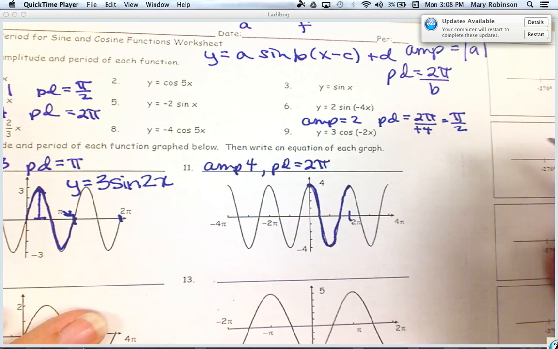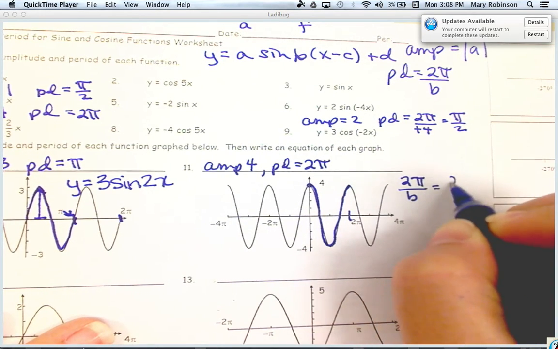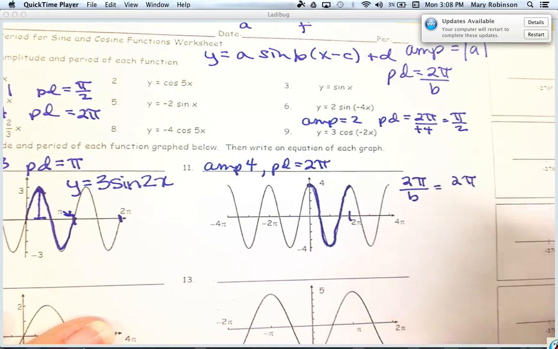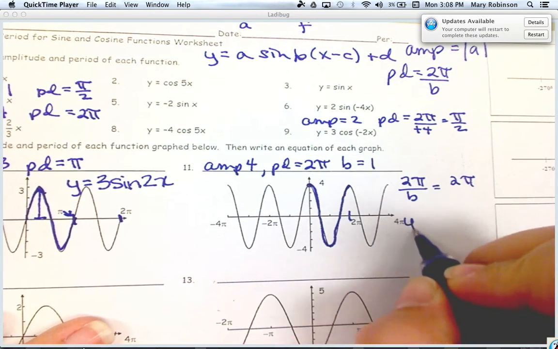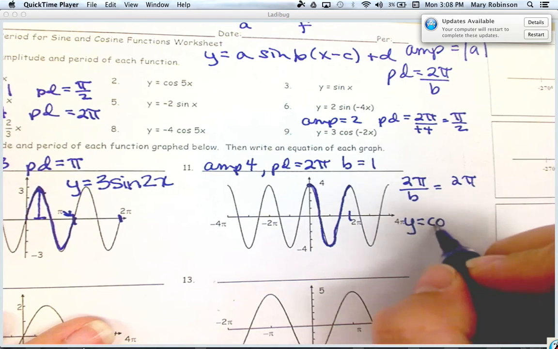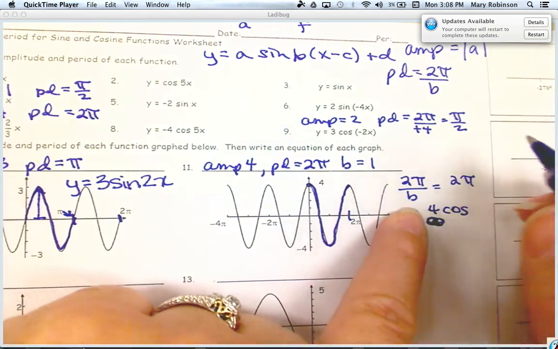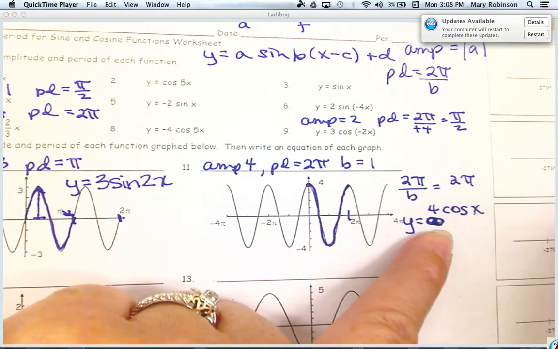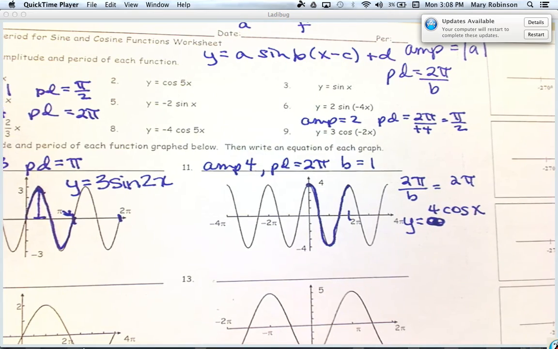So if our period is 2 pi, then hopefully you understand that if 2 pi over b equals 2 pi, then b must be equal to 1. So therefore, we should have y equals cosine, oops, sorry, I forgot my amplitude. 4 times the cosine, b equals understood 1, so I just need 4 times cosine x. If b was another number, I would just put it in front of x.